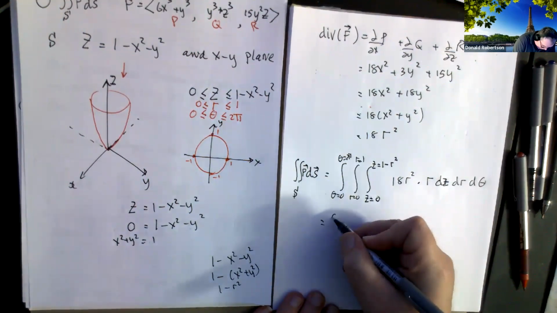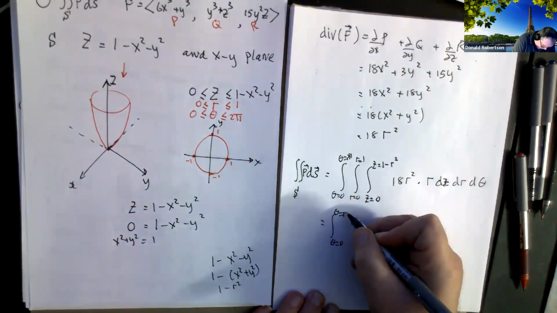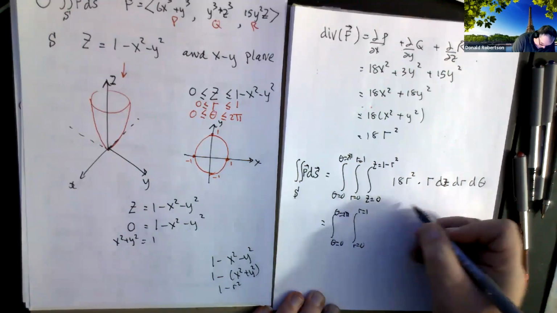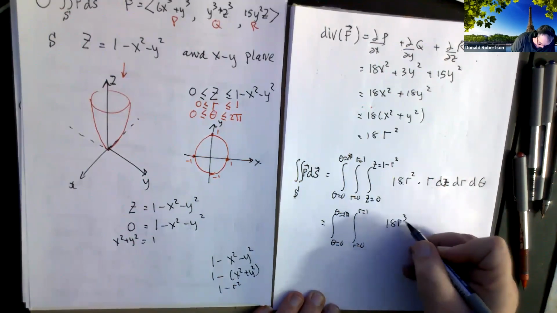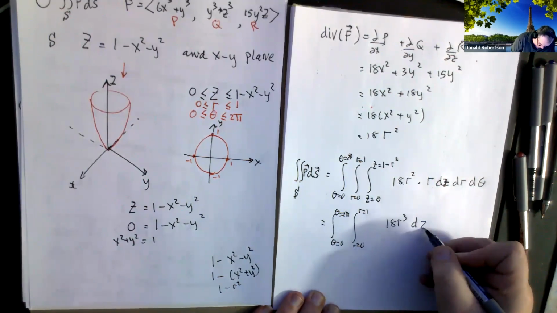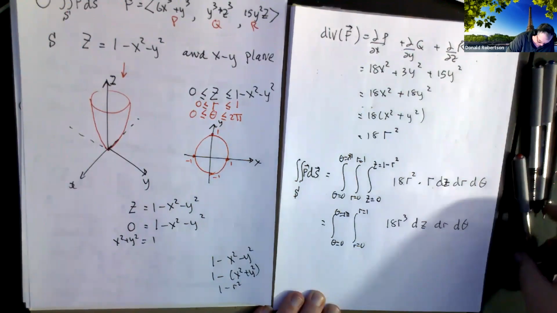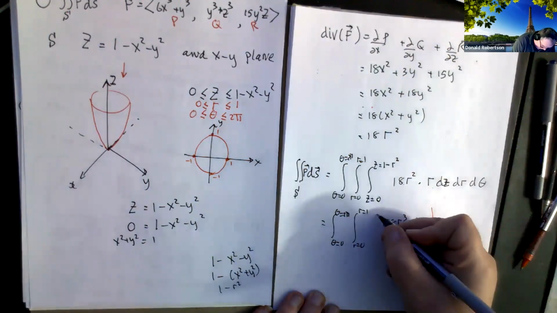So tidy this up a little bit. That times that is 18r cubed dz dr d theta.